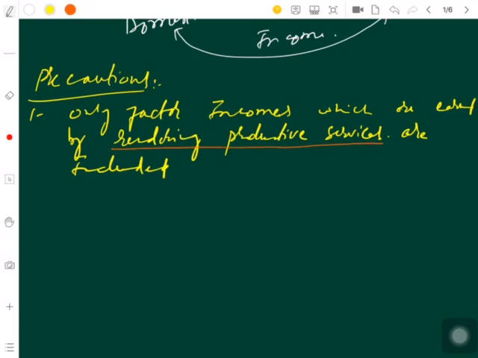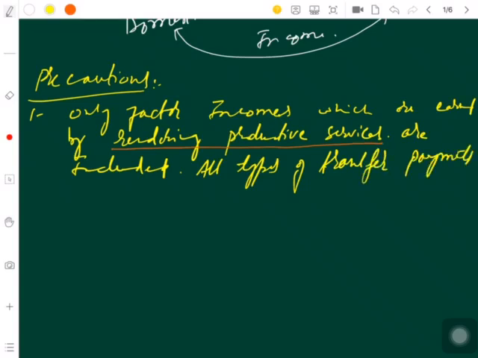So are included. That means all types of transfer payments. That is what is remaining. Transfer payments, or I'll term it as income because we are talking in terms of income. It is one and the same thing, but still here it will help you.